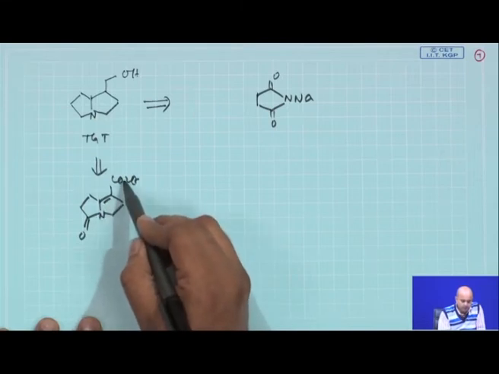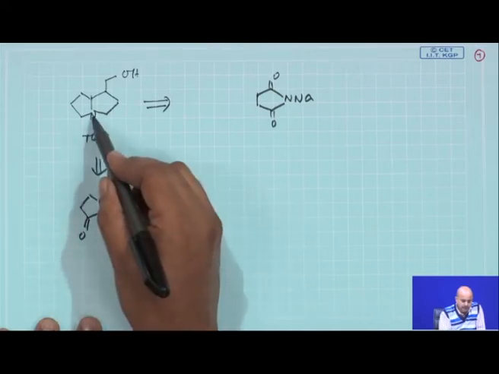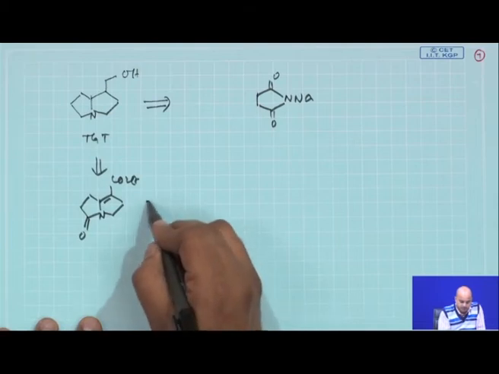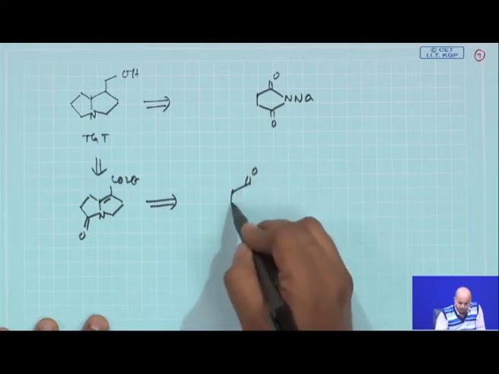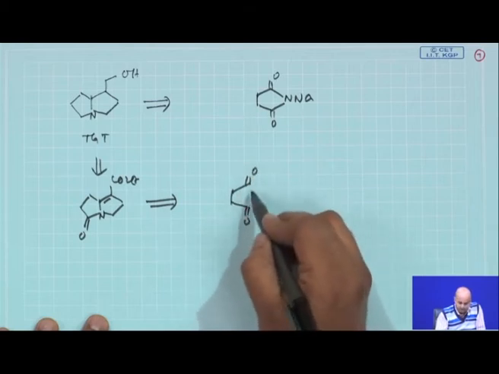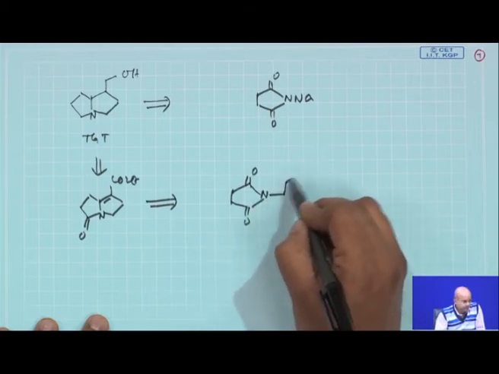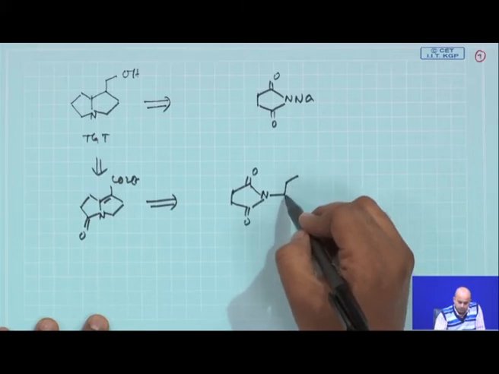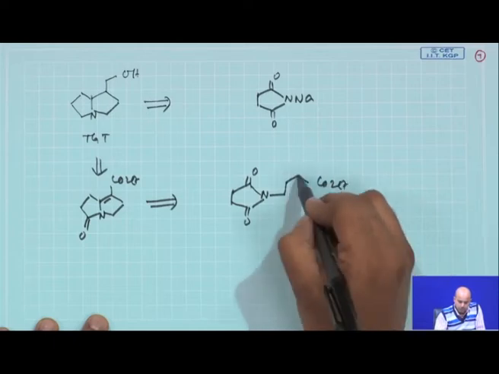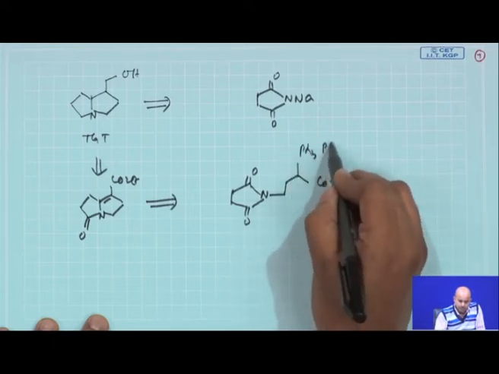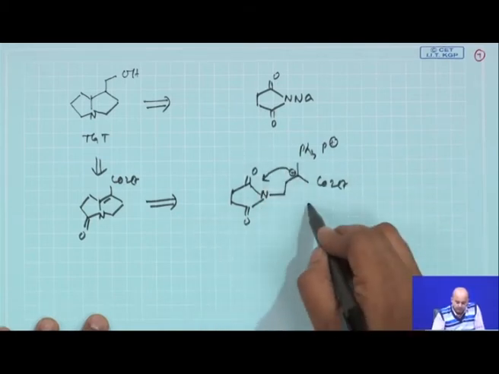The CO2Et can be reduced through LAH, and this amide will also be reduced to give this amine, the cyclic amine. Now, the retro which I am drawing here is based on this succinimide structure. If this CH2 gives you this kind of phosphonium ylide, you can do an intramolecular Wittig.